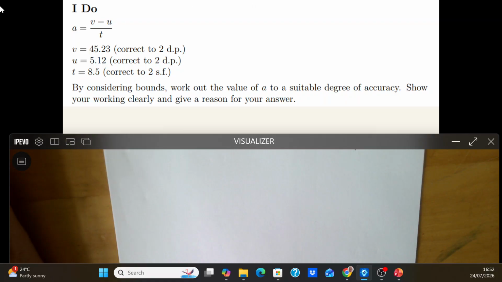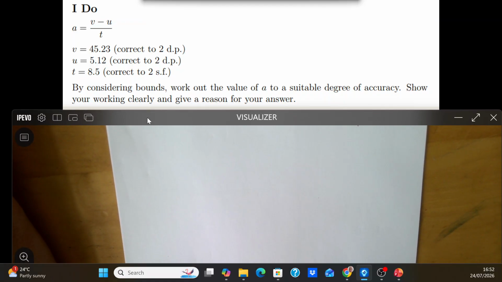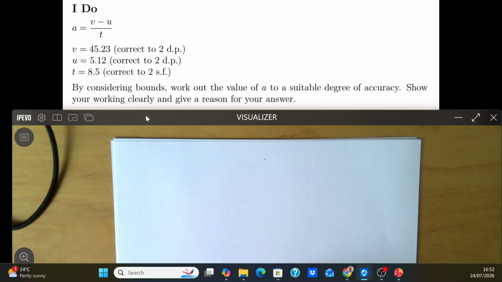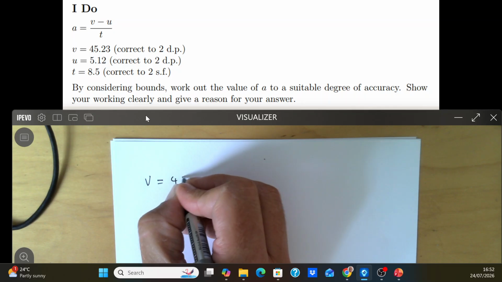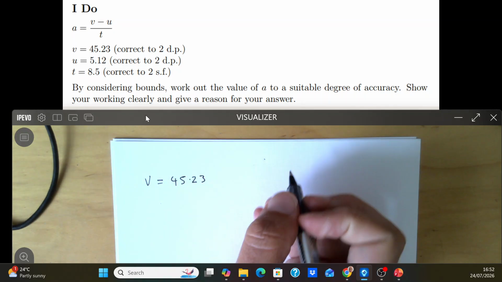So let's just get a visualizer so we can see it. Right, so it's a bounds question. And we are told that V equals 45.23, and that's rounded to 2 decimal places.